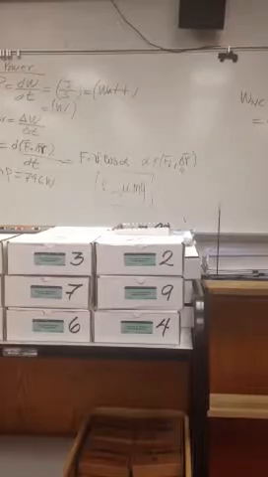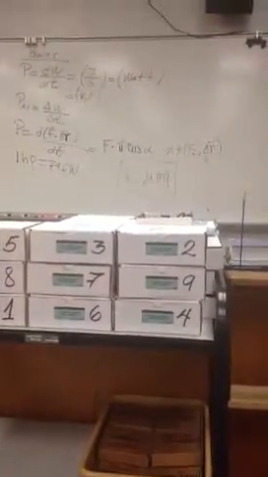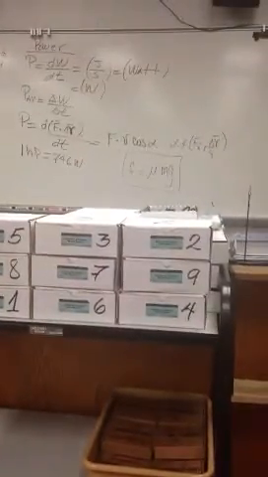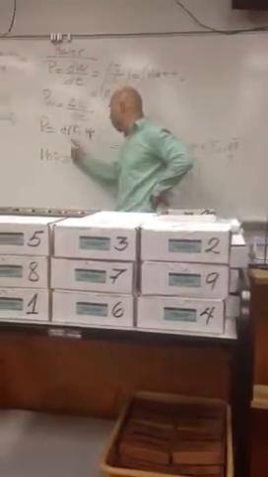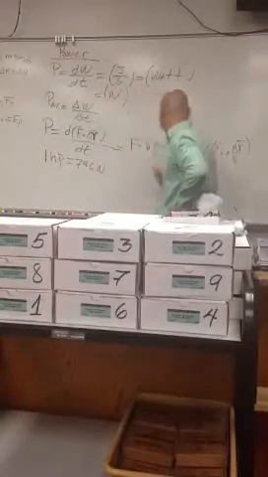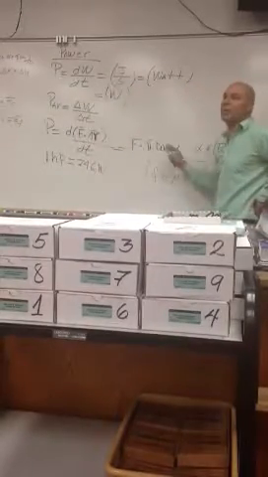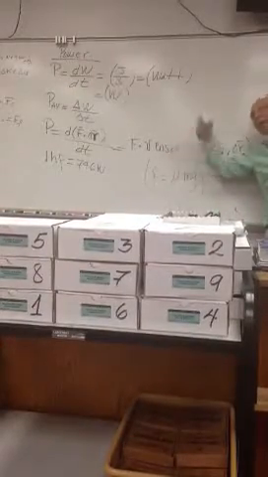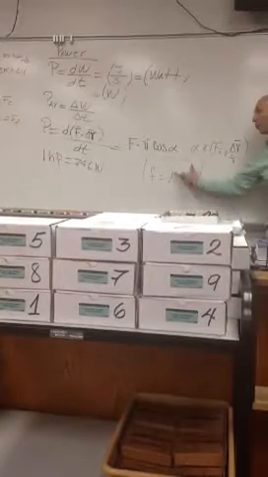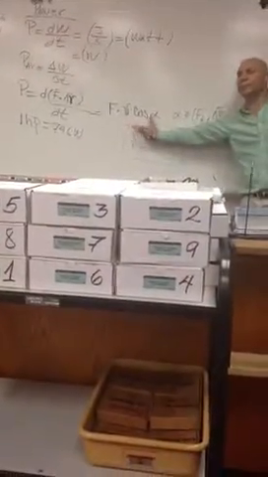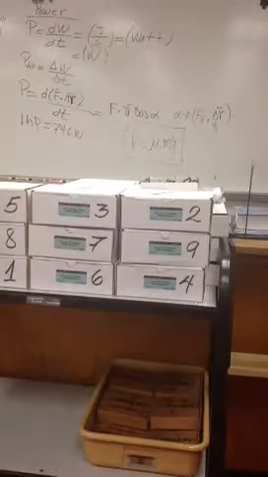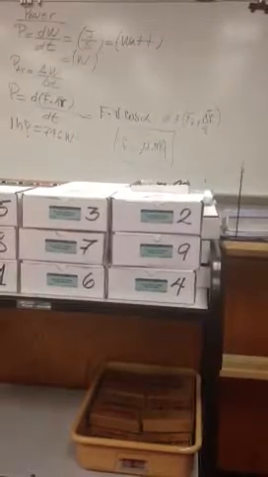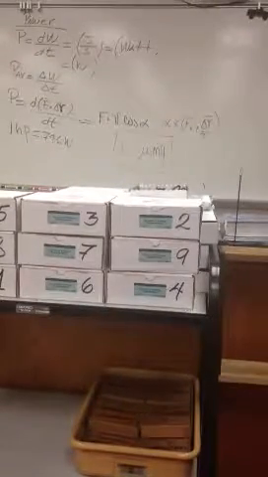You need to get the work, or the work divided by delta T, but if we don't have the time, you need to use force times velocity times the cosine of the angle between the force and the velocity. In this case, the work and the time are not given explicitly, so I have to use this equation. You can get the force, which is the friction, mu times Fn, the speed, which is given, and the angle.